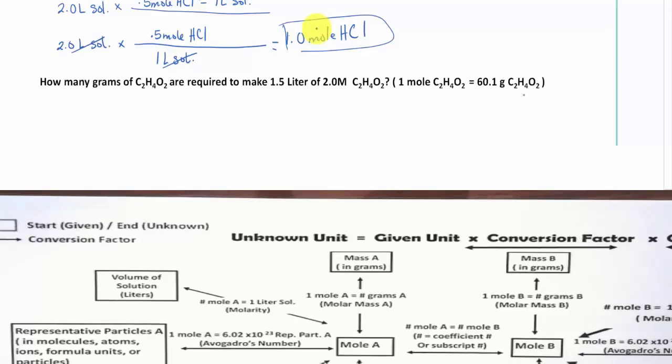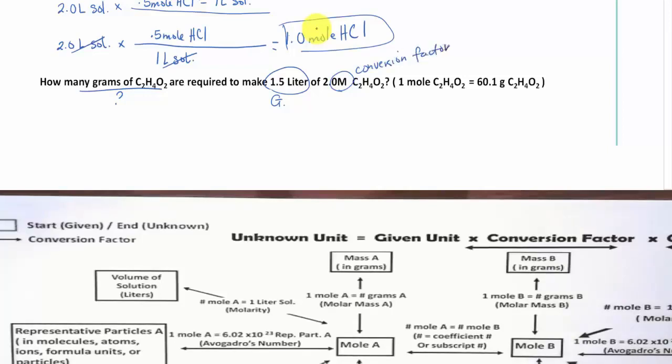Well, that's a mouthful. But we know that this is our unknown. And we are given 1.5 liters. Every time you see molarity, that is your conversion factor. So keep that in mind.